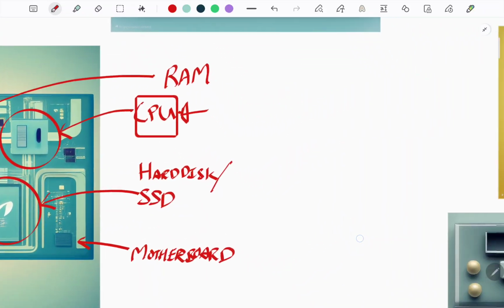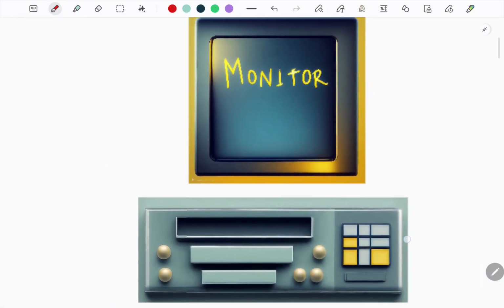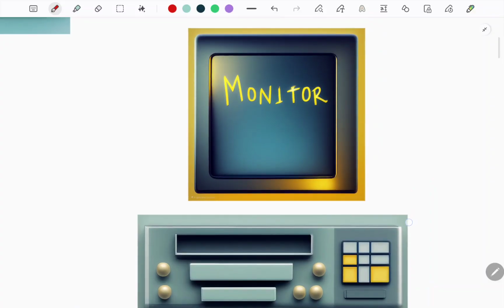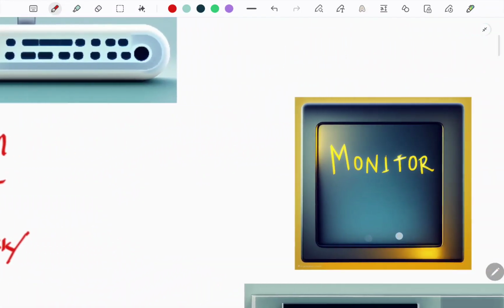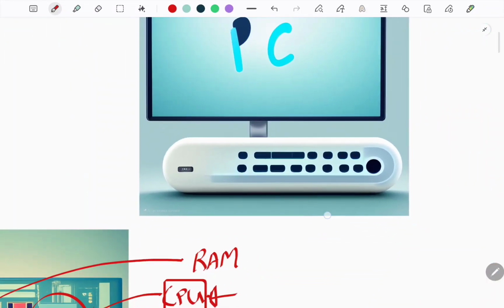Following this, we go into the other hardware. Actually, this is the hardware, right? We are in the first section over here.